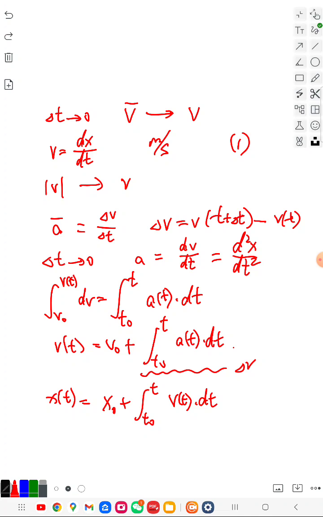And all these, the velocity and acceleration changing with time, can use a graph to represent. For example, if we have a small sphere thrown upwards with an initial velocity of 9.8 meter per second, we can see the velocity diagram.